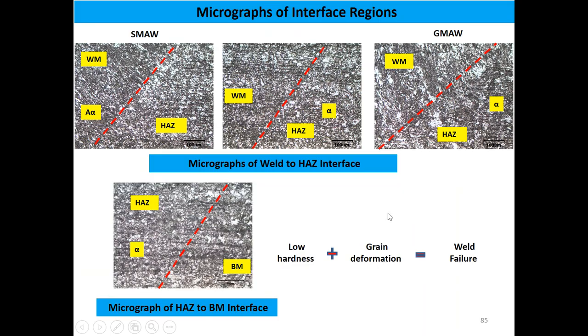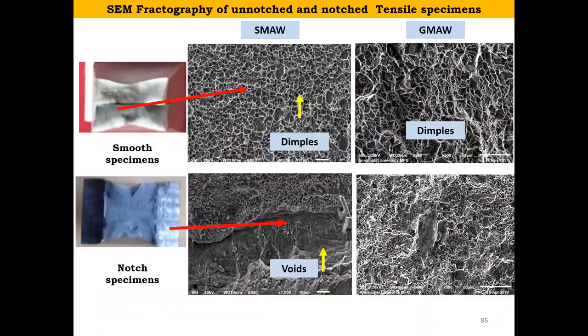Why does weld failure occur? Because of the low hardness plus grain deformations, which confirm the weld failure. It has been confirmed through the fractography of unnotched and notched tensile specimens. A large population of fine dimples was observed in the SMAW process and the GMAW process. In SMAW comparatively, a higher population of dimples was observed.